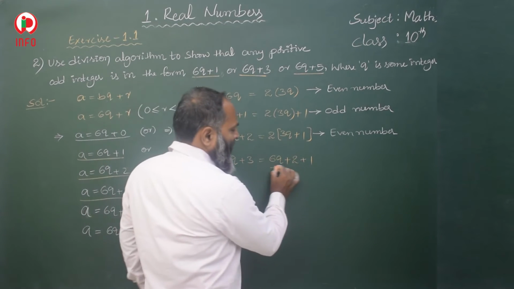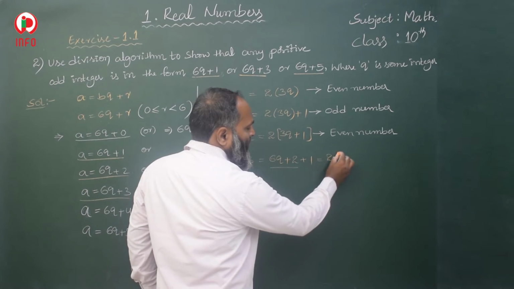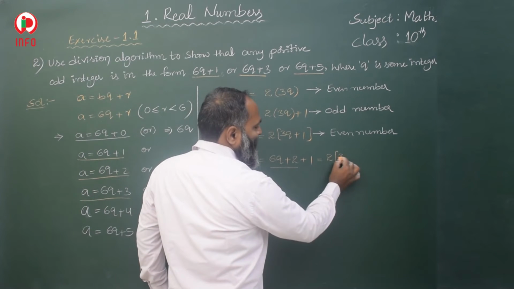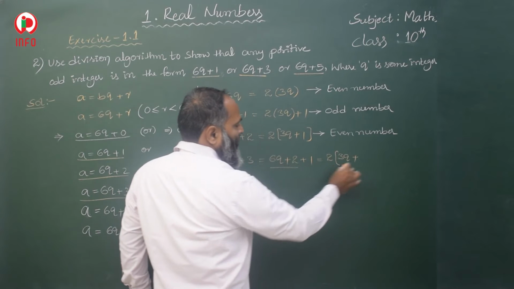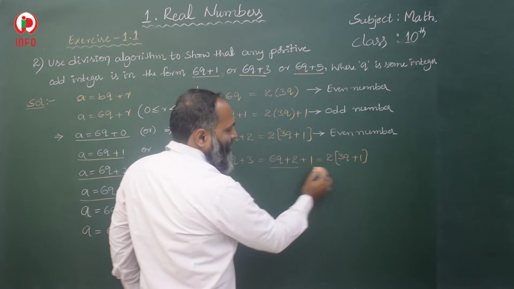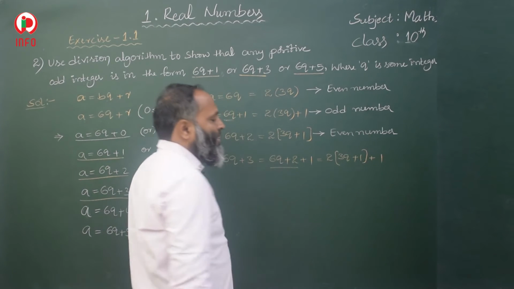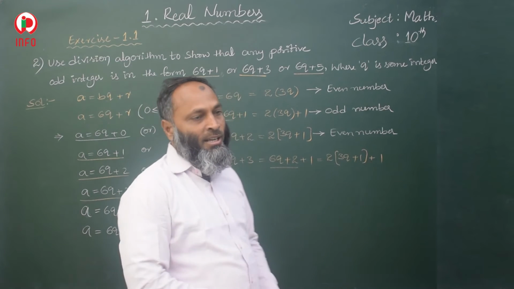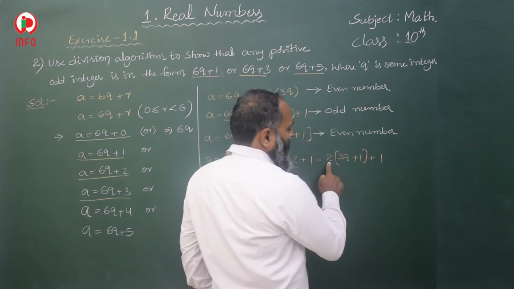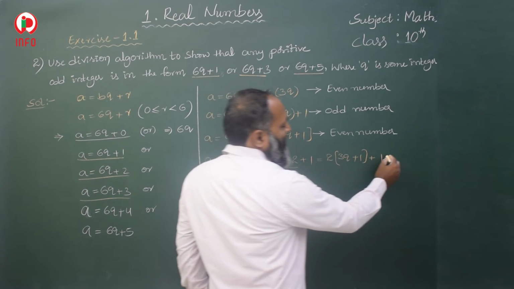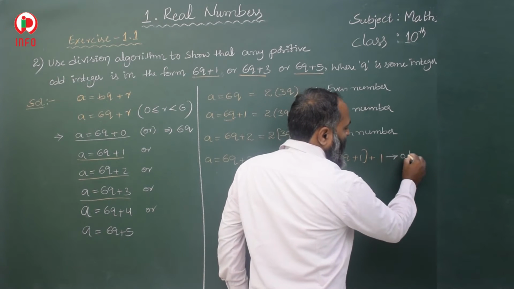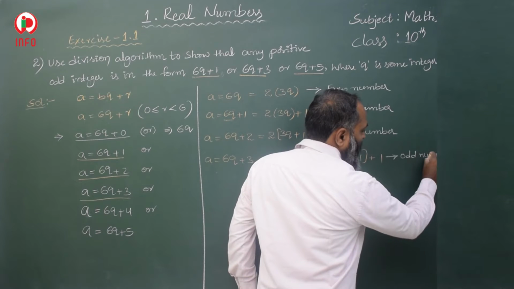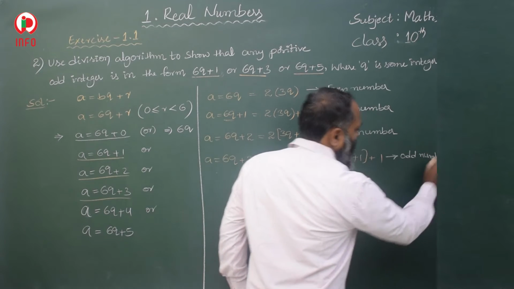So taking 2 as a common: 2 into 3q, plus 2 1s are 2, and this plus 1 as it is. So this is still a multiple of 2 and plus 1. 1 is a remainder. If 1 is a remainder when dividing with 2, then that is an odd number.